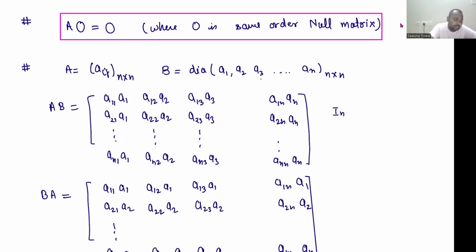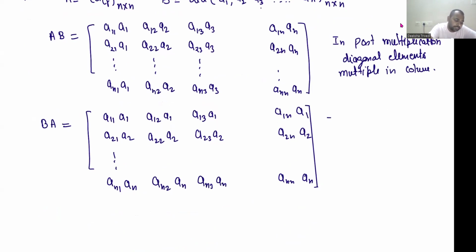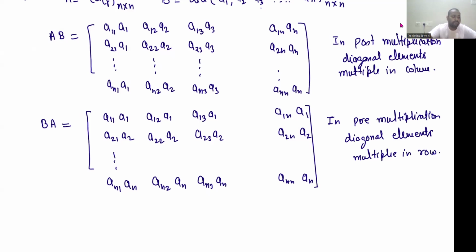That generalization we can write: in post multiplication, the diagonal elements multiply in columns, and in pre-multiplication, the diagonal elements multiply in rows. Get that idea or not?